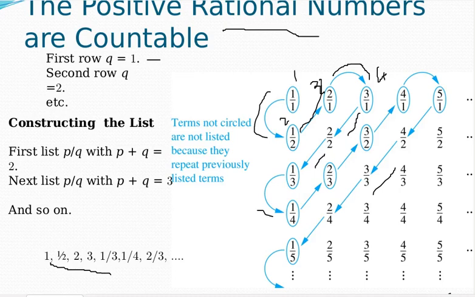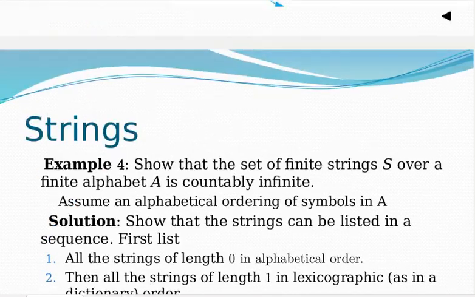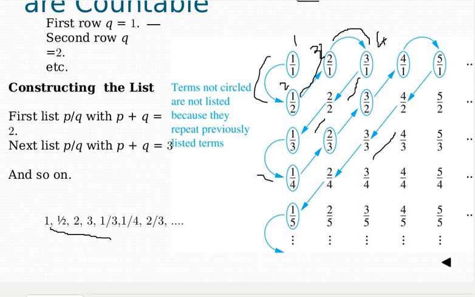So therefore the positive rational numbers are countable. This is called Cantor diagonalization.